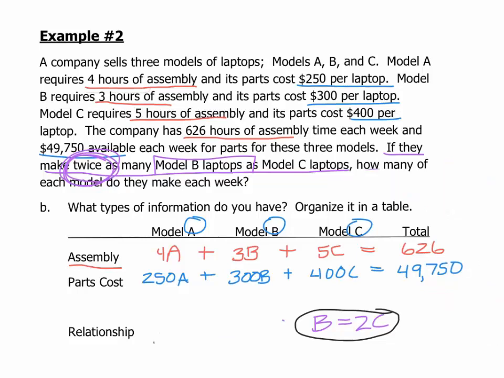If I were going to move this 2c over to the other side of my equation so that I have my variables both on my left and nothing else but maybe a number on the right, it would look like b minus 2c equals 0. Our third equation is not going to be written like this, it's going to be written like this, because this is how we need it in this form in order to write our augmented matrix.